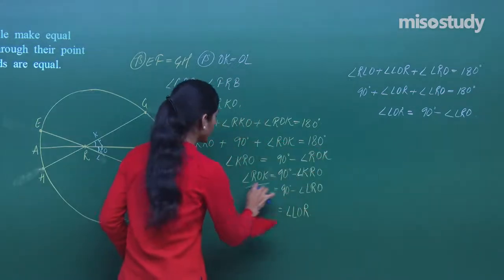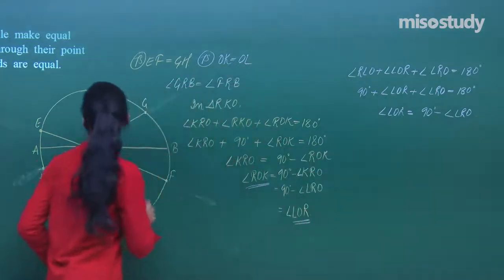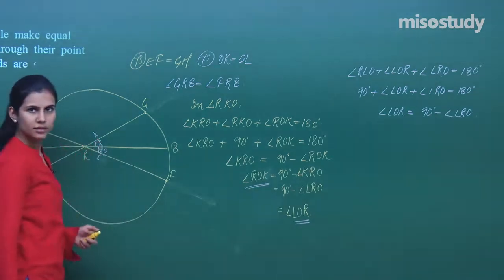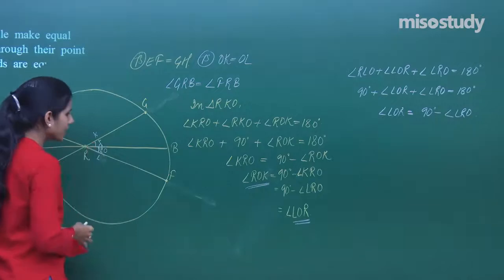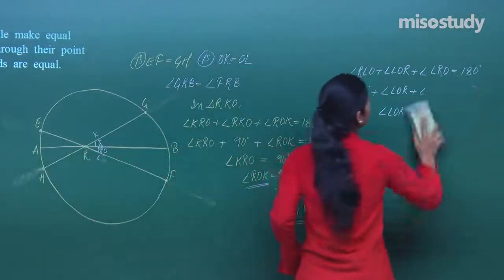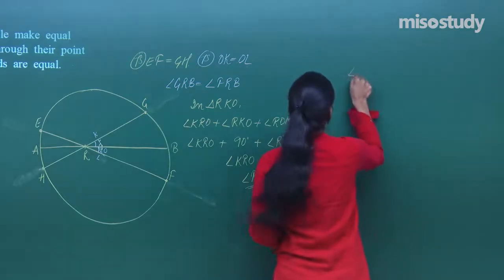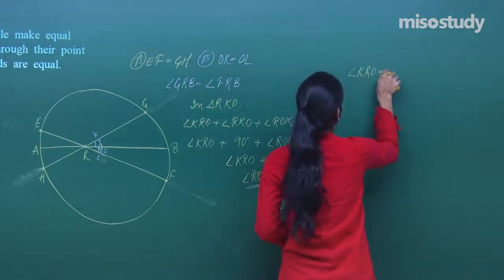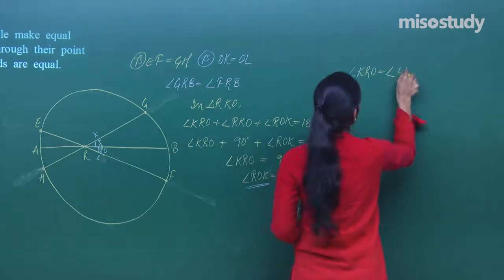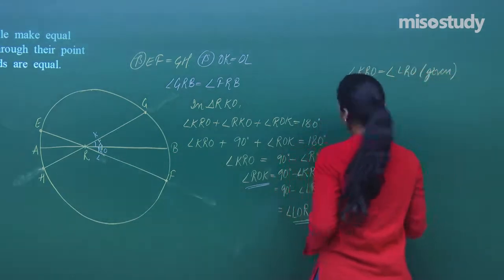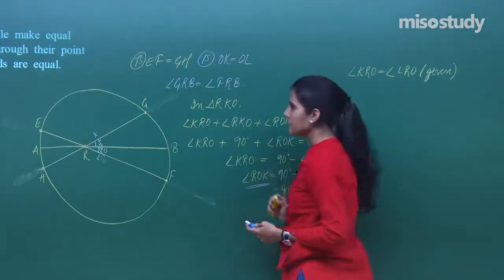So you have got that ROK is the same as LOR. You can clearly see in these two triangles that angle KRO is the same as angle LRO. This is given to you because the chords are equally inclined with the diameter.